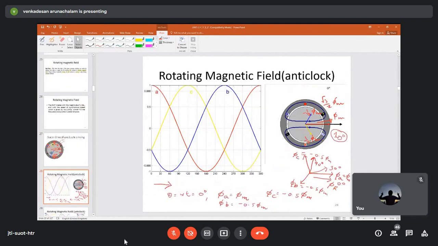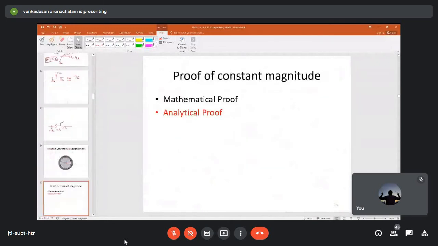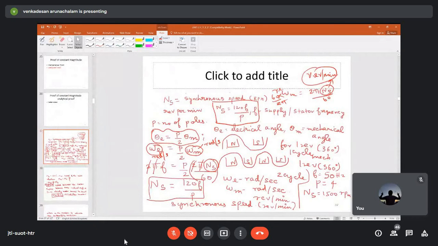Now the next question is, the rotating magnetic field is rotating at the synchronous speed. What speed will the rotor of the induction motor rotate? Any idea?